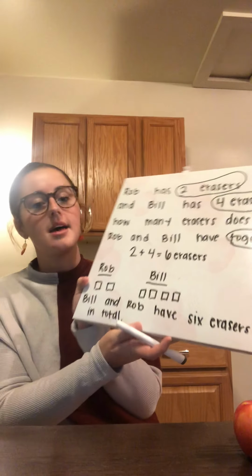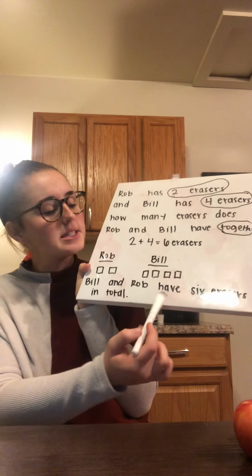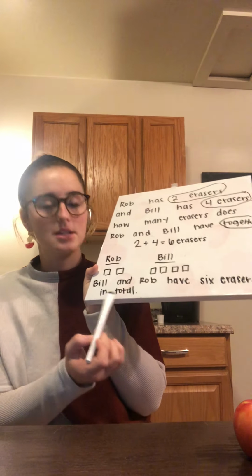All right, can you guys go ahead and hold up what yours say? Awesome. So mine's pretty similar to all of yours. You guys did so good. Mine says, Bill and Rob have 6 erasers in total.